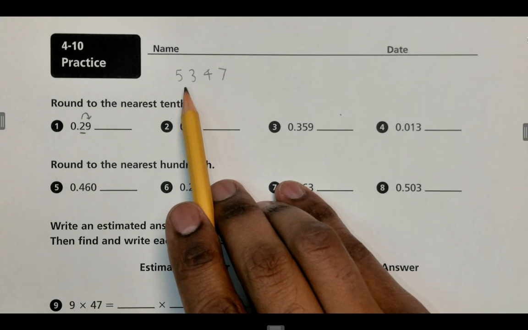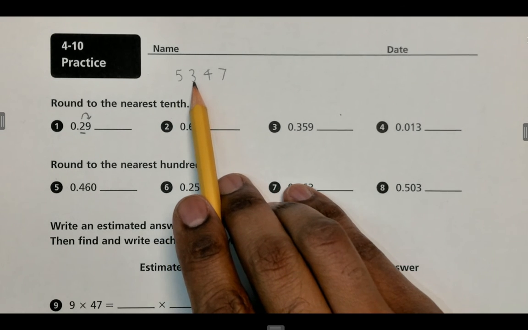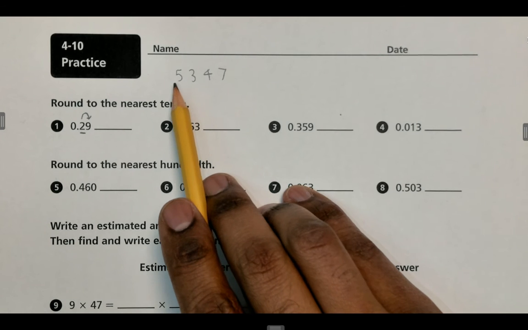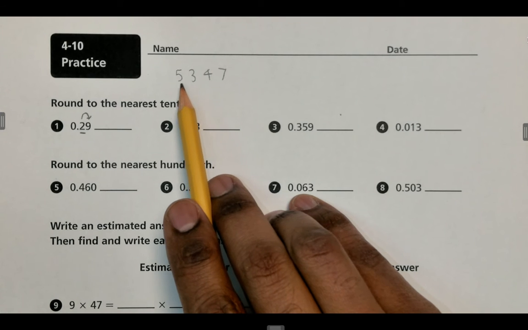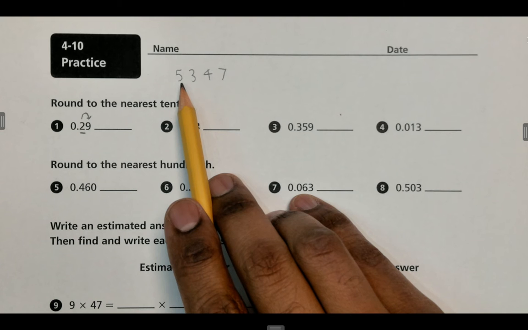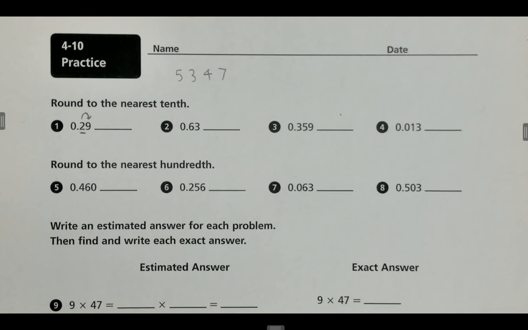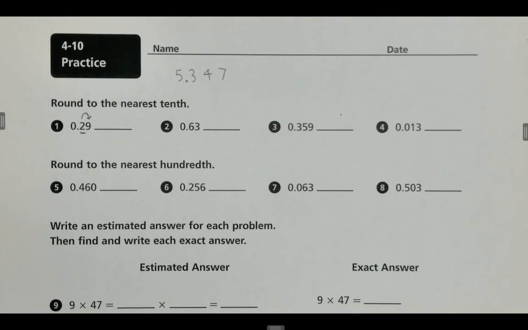And the method that we practice is we'd underline the digit of the place value that we're rounding to, in this case, the thousands place, look at the number to its right, which is a 3, and ask ourselves, is the number to the right of the place value I'm rounding to 5 or more? If it is, then I raise the score of this and zero out the rest of these digits. If the digit to its right is 4 or less, then I give this digit a rest and, again, zero everything else out.